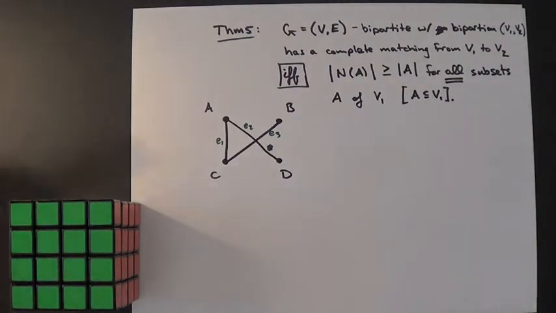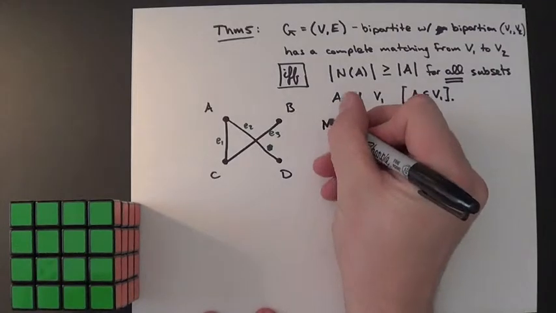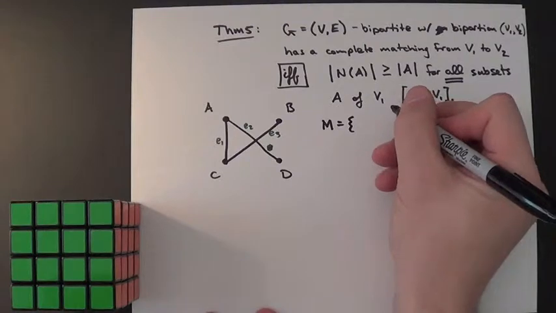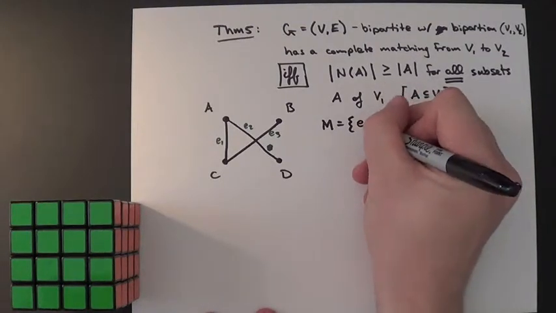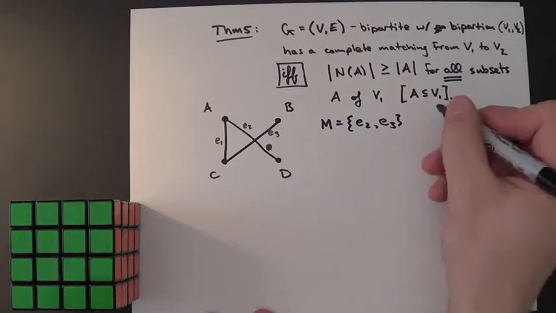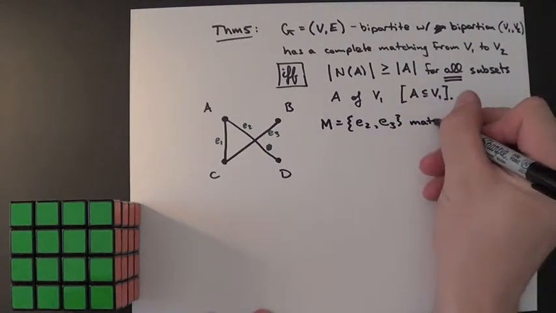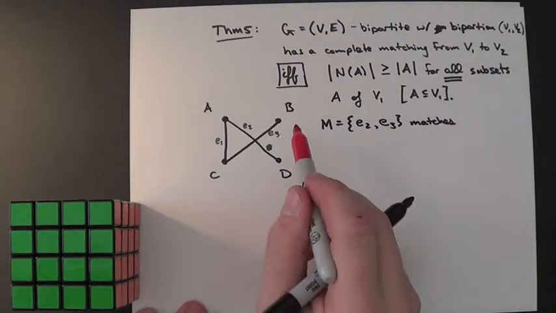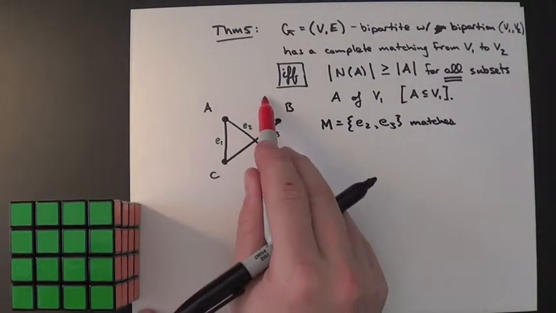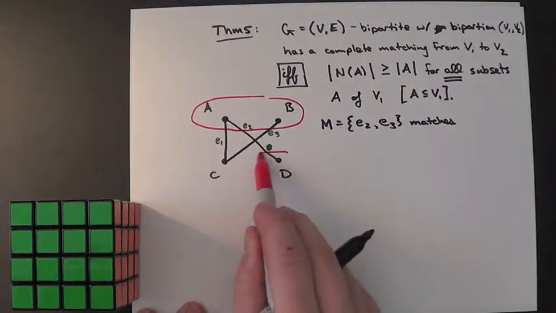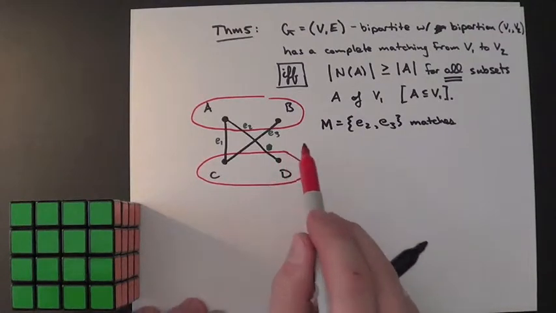Then we have a matching of, I guess the only possible one is E2, comma, E3, which matches A to D and C to B.